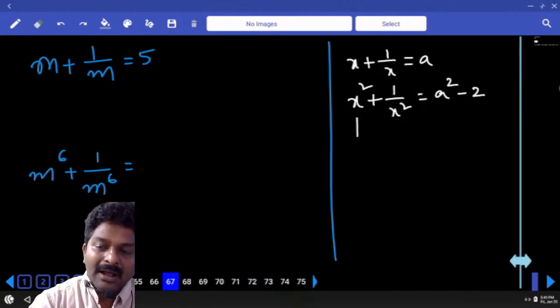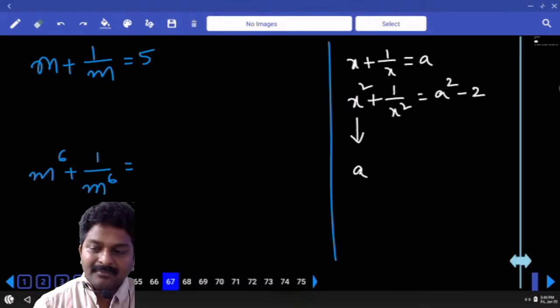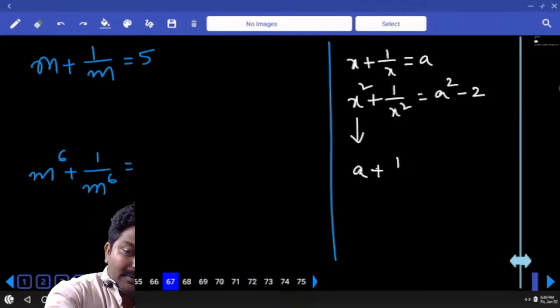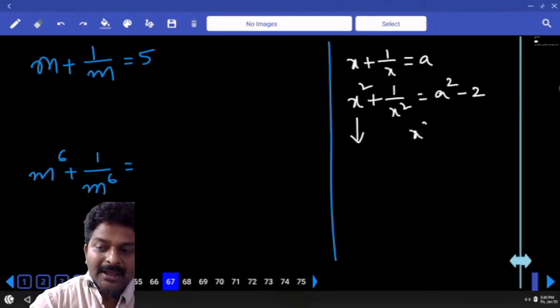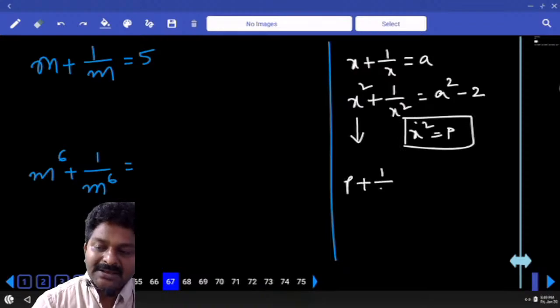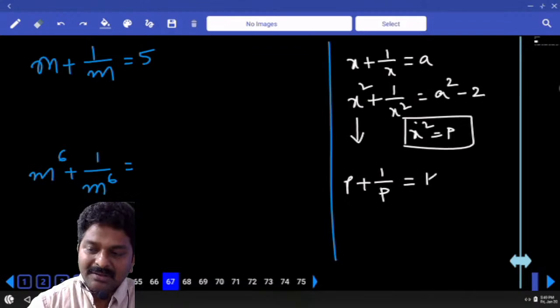Now I will take this as a, and now let me take x square as p. Now it is in the form of p plus 1 by p is equal to some constant k.